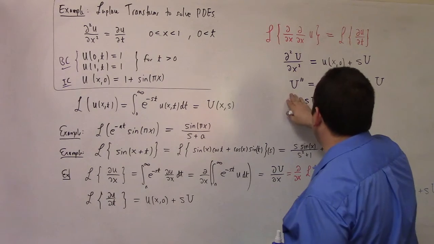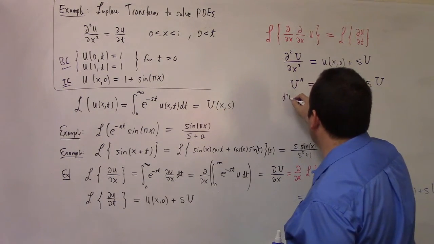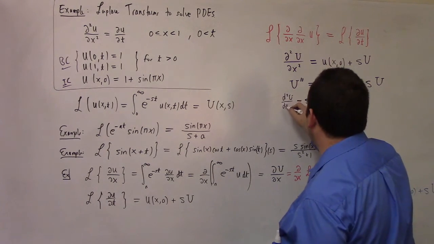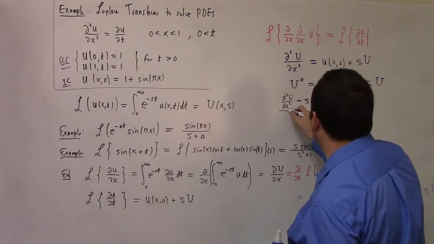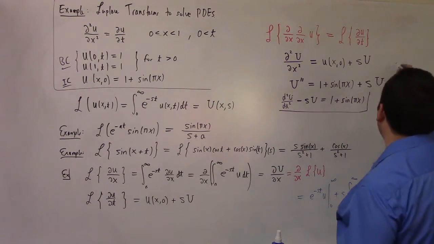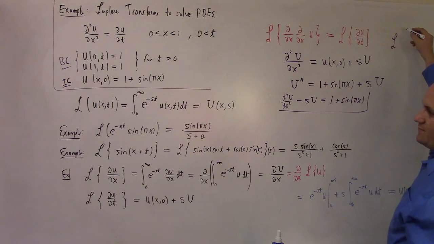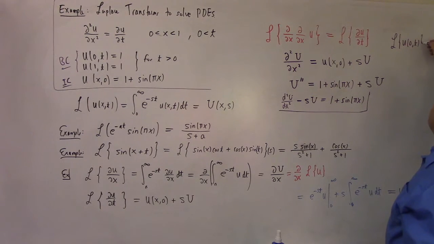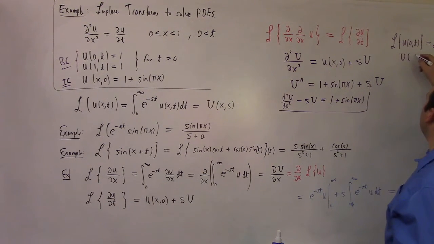Let's see here. So we've got d squared u dx squared, and also the Laplace transform of u of 0, t is equal to the Laplace transform of 1. So this gives us u of 0, s.